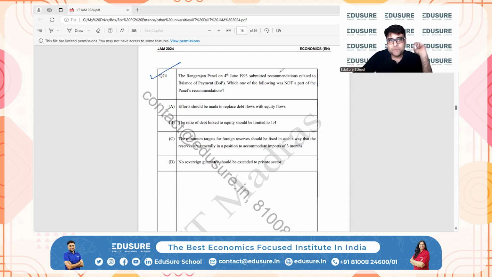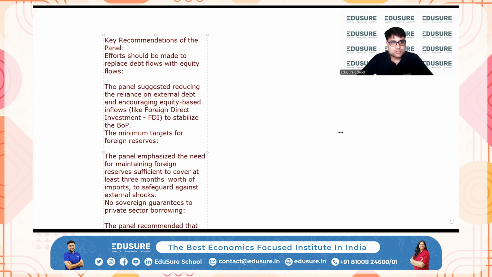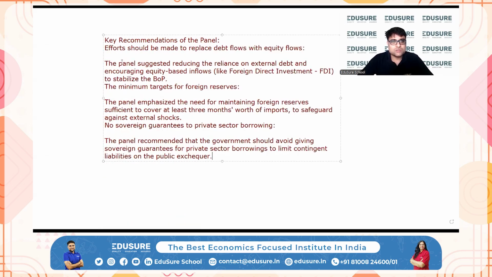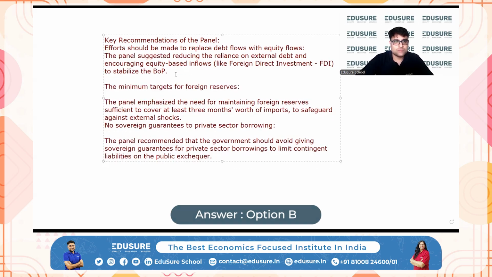Okay. So I'll post the key recommendations of the panel. Let me put it on the whiteboard here. It'll be nice to put it in a bullet format. So these were the key recommendations of the panel. So that was the first one.